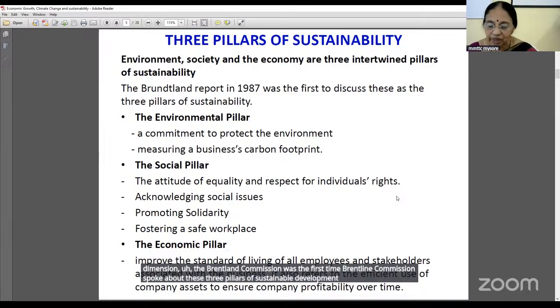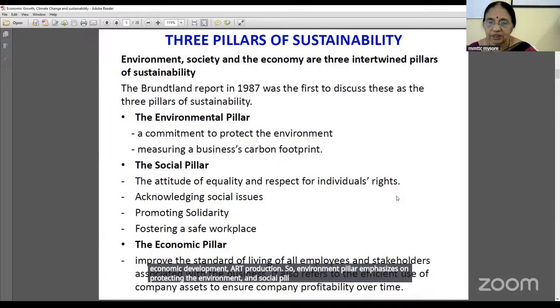As I told you, they identified that sustainable development calls for interconnectedness and a systems approach. The environmental pillar looks at the commitment to protect the environment and measuring the business carbon footprint, because as you know, there is a trade-off between environment and economic development or production. So the environment pillar emphasizes protecting the environment.